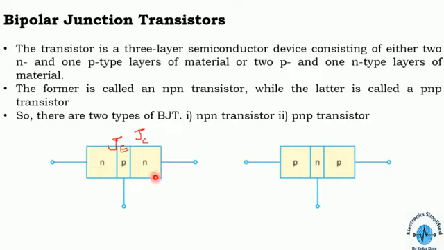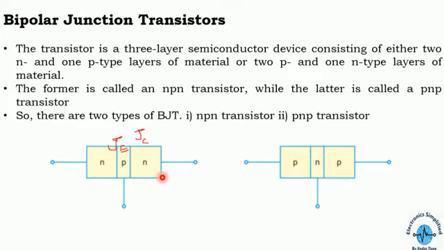Now all these three will have different types of doping levels, as we have discussed in the diode video, that there will be some doping of majority carriers or minority carriers for holes and electrons, and it will be forming a semiconductor so as to form a current in it whenever we apply some kind of input voltages.